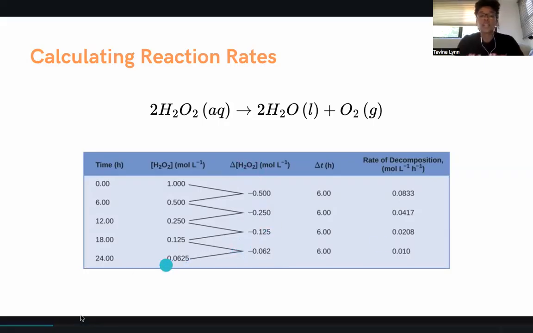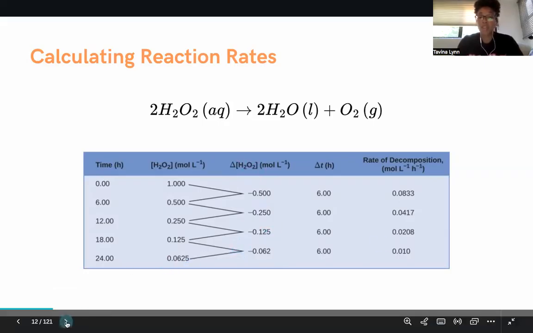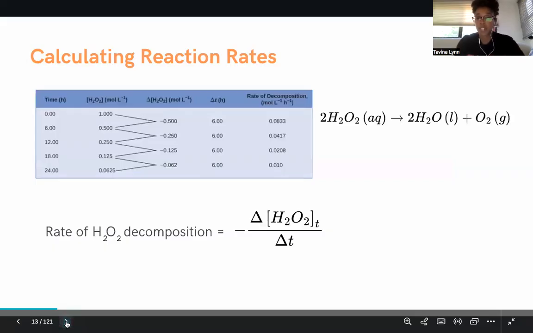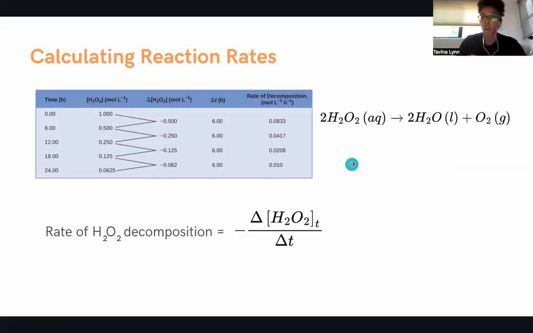So let's do an example of how we would calculate our reaction rates. So remember, our rate expression with respect to hydrogen peroxide decomposition, or our reactants, is going to be negative the change in concentration of our reactant, which is hydrogen peroxide, over the change in time.